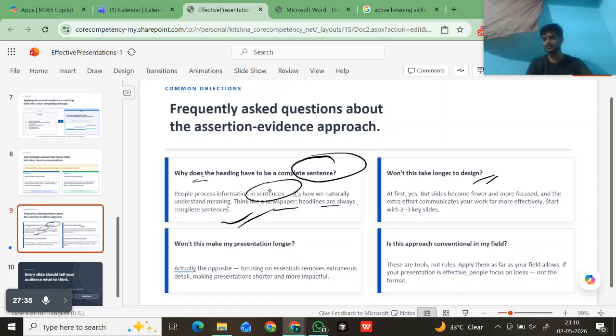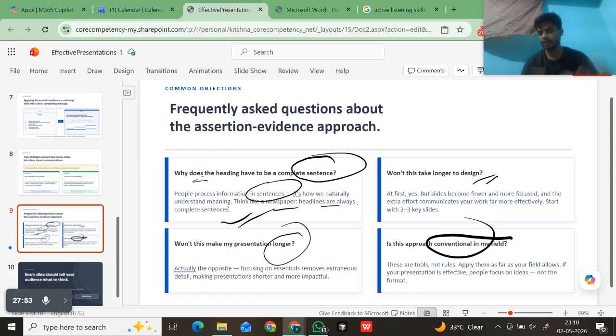At first, yes, but slides become fewer and more focused, and the extra effort communicates your work. Won't this make my presentation longer? Actually, the opposite. It will make your presentation shorter. Is this approach conventional in e-learning? You can use it, but you have to explain the reason to the subject matter expert if you are doing the same. The idea is that the slide should have a clear purpose.